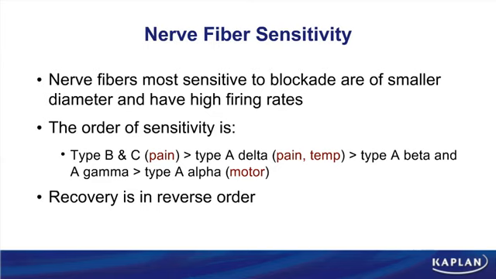We want to look at nerve fiber sensitivity. The rule is this: the smaller the nerves and the faster their firing rate, the more sensitive they are to your local anesthetics. This is a very similar concept to what we covered back in antiarrhythmics, and it also relates to the use of anticonvulsants as well. Think about it.